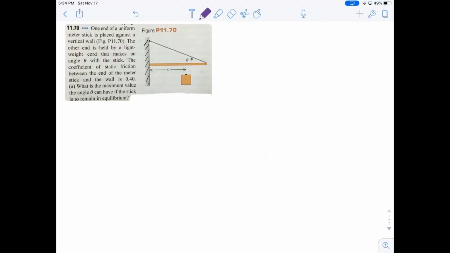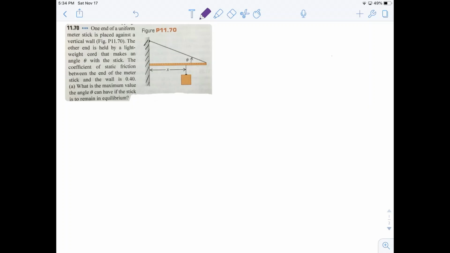Now let's look at another example. In this setup, we have a uniform meter stick that has its mass uniformly distributed along the long axis, and it is placed against a vertical wall. One end is held by a lightweight cord that makes an angle theta with the stick.